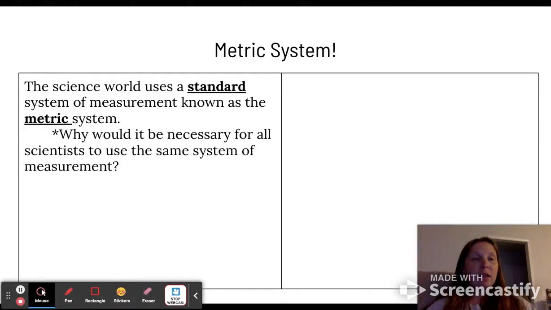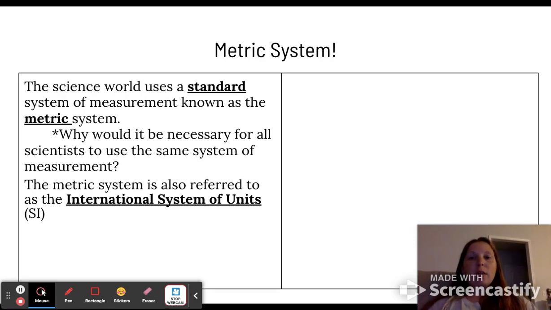Because you could have people working on the same concept, theory, or hypothesis around the world, but if their data is not measured the same way, it won't be consistent enough to be validating altogether.